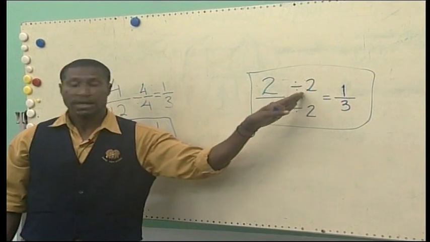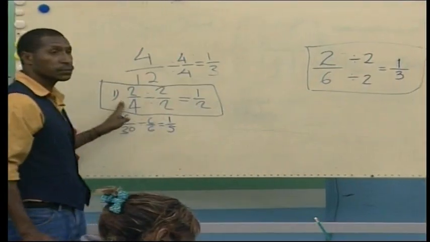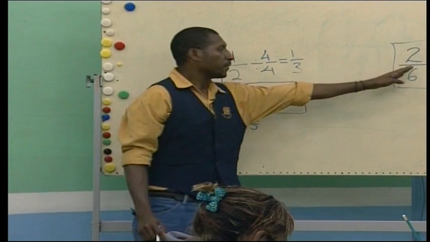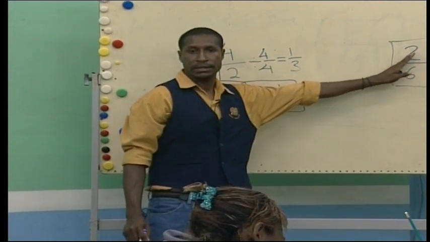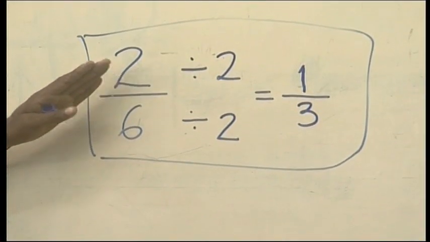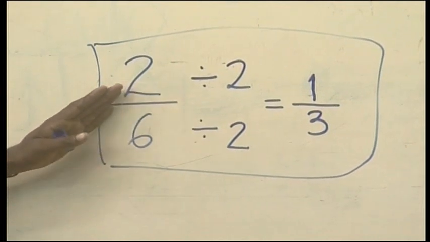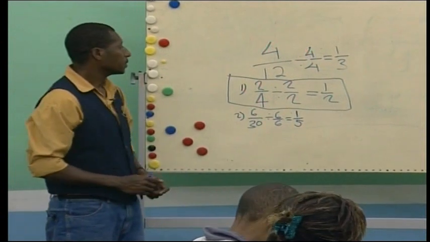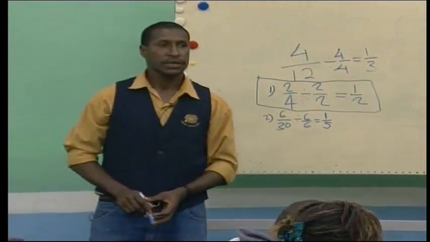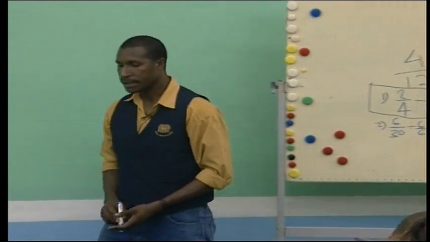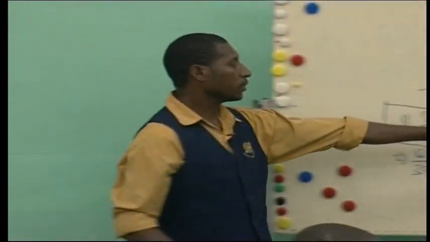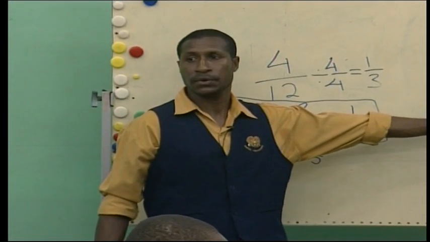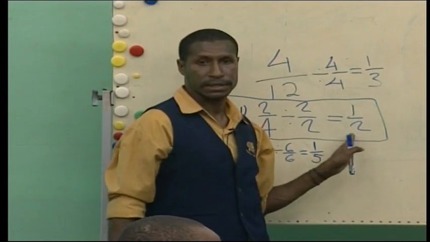You can either use this way or this way, but I prefer this method to simplify fractions. So there are 2 ways that you can do that, but this is much more clear than this.